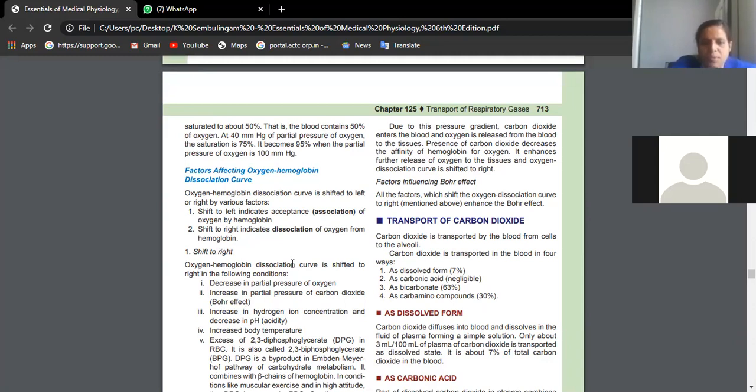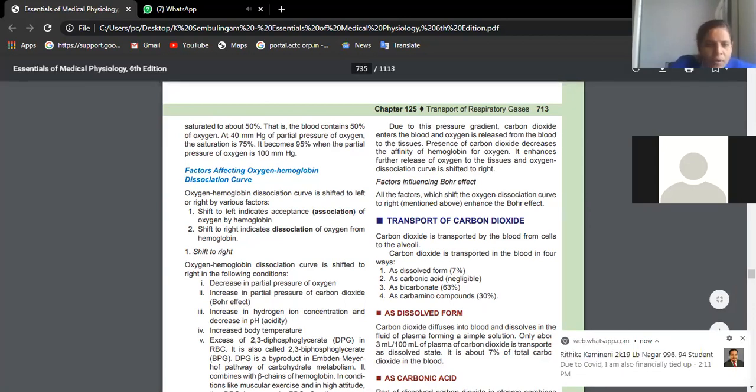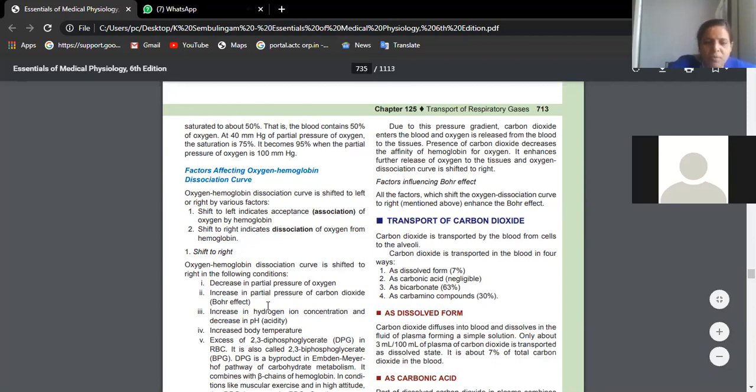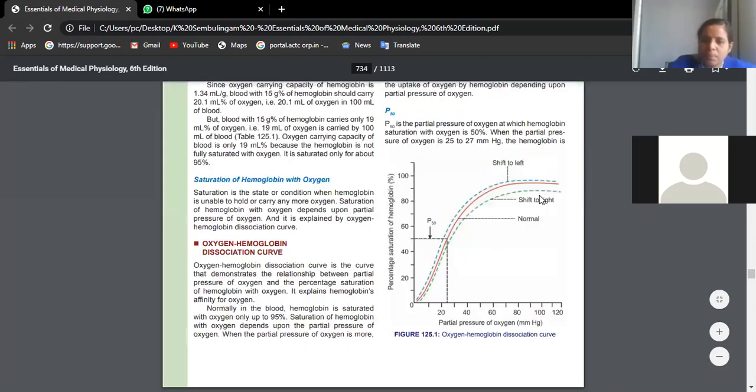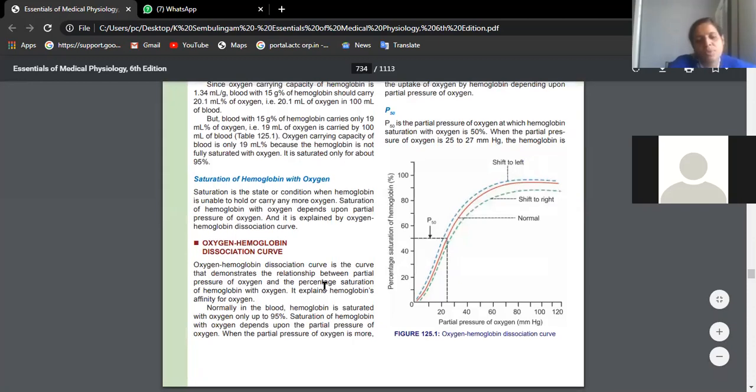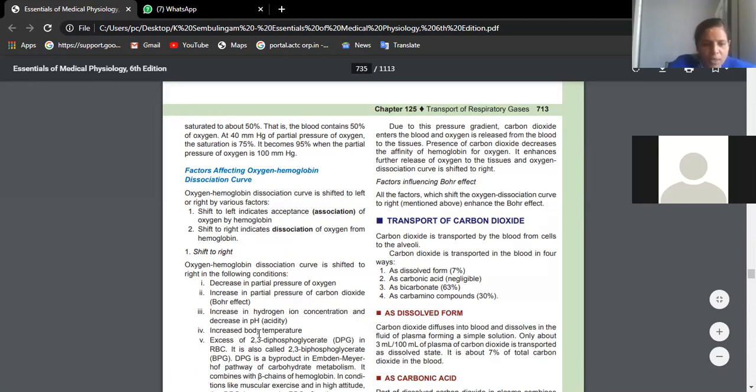The oxygen hemoglobin dissociation curve is shifted to the right whenever there is a decrease in partial pressure of oxygen, an increase in partial pressure of carbon dioxide, an increase in hydrogen ion concentration, and an increase in body temperature. Shift to left is quite the opposite of what we studied for shift to right.